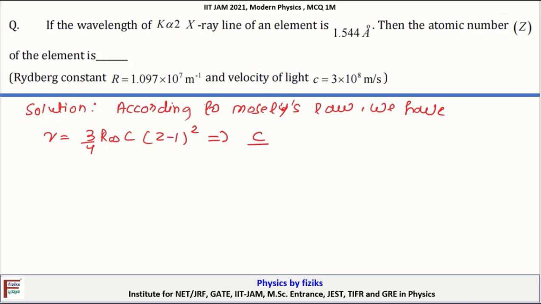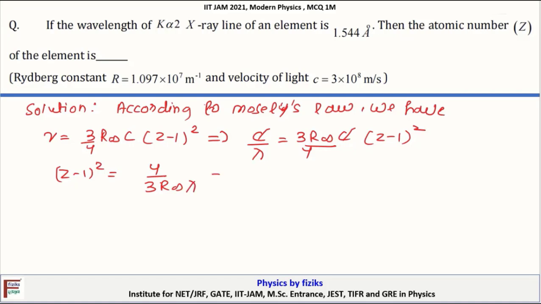This can be written as C by lambda equals 3 by 4 R infinity C into Z minus 1 squared. C cancels out. Here Z minus 1 squared would be 4 by 3 R infinity lambda.